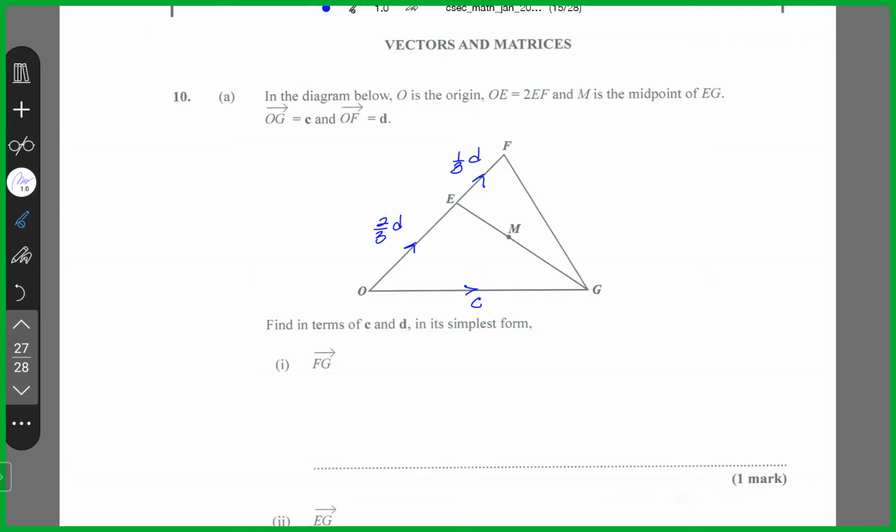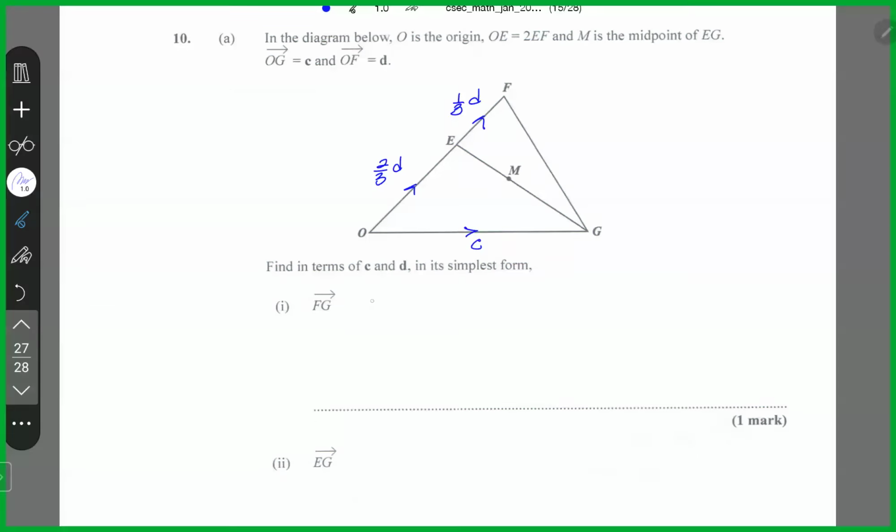We're to find in terms of C and D, in its simplest form, FG. Well, by the triangle law of vector, FG is equal to FO plus OG. Now, FO is minus OF plus OG.